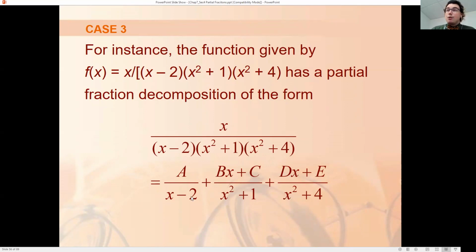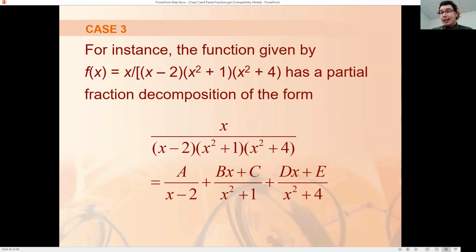But where the numerator for my previous two cases is just some constant A that I need to solve for, the numerator associated to each quadratic factor is going to be Bx plus C, or Dx plus E. So some linear polynomial that I would then need to solve for.